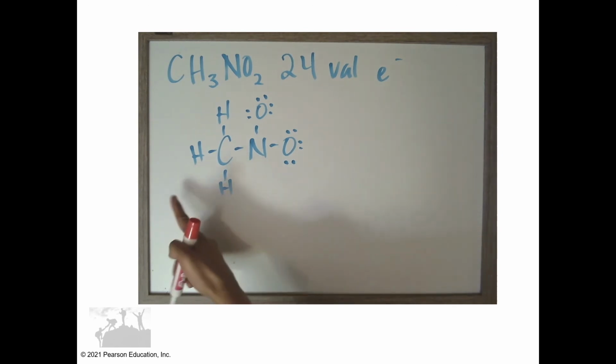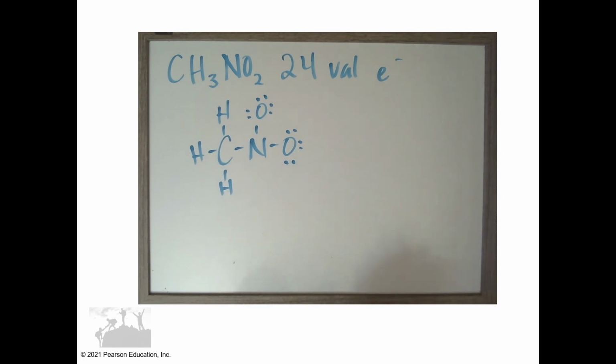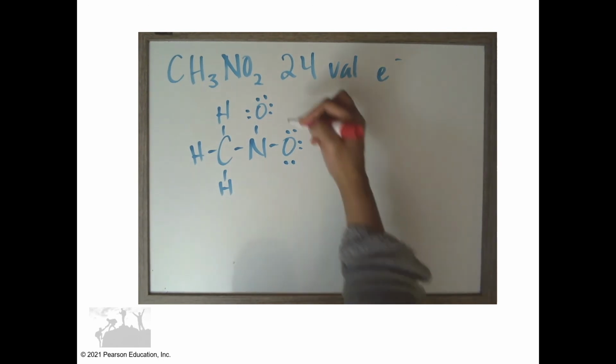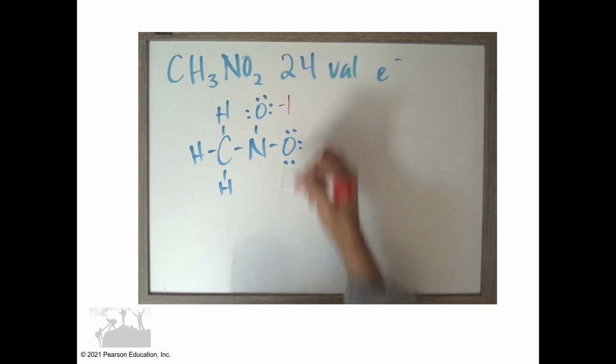With hydrogen, they're all going to be 0. Carbon is also going to be 0. So we're going to focus on the NO2 portion of this compound. Again, from practice, I know that a singly bonded oxygen with 3 lone pairs has a formal charge of -1.